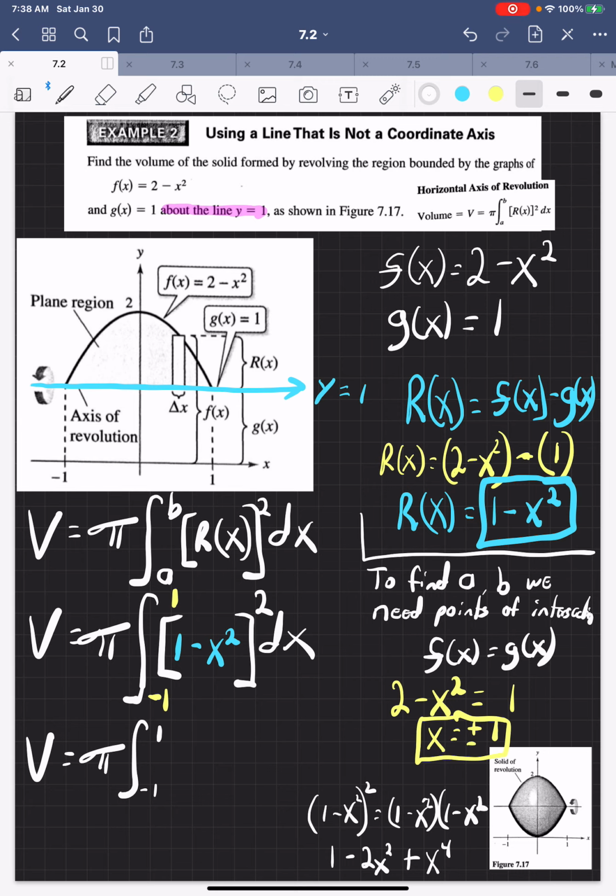All right, so if you FOIL that out, that's what you would get. 1 minus 2x squared plus x to the power of 4 dx. See what I'm doing? I'm just foiling to make this, because once I FOIL this integrand, this is a really easy integration.